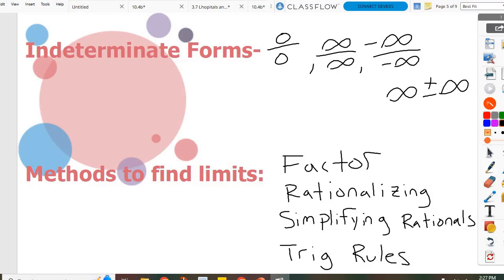Where L'Hôpital's rule is going to come in handy is in places where we can't do one of these things. Technically, if it's in indeterminate form, we can always use L'Hôpital's rule. However, it's most powerful with functions where we can't do one of these.